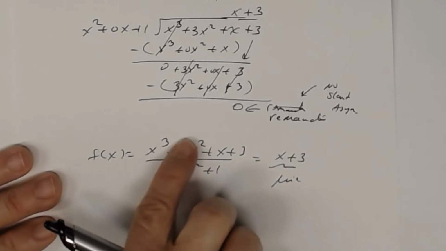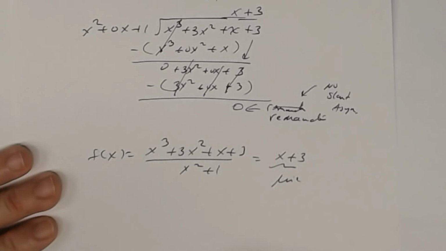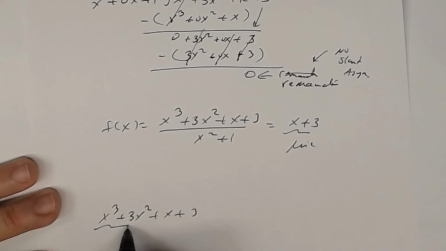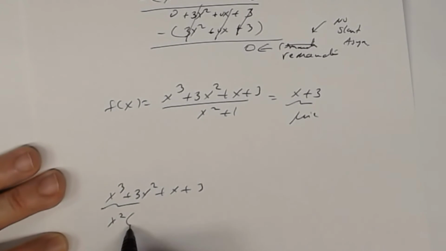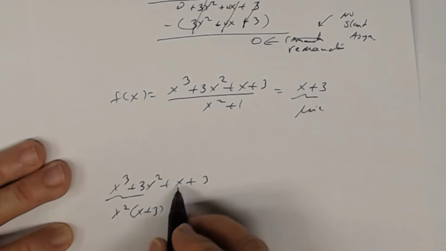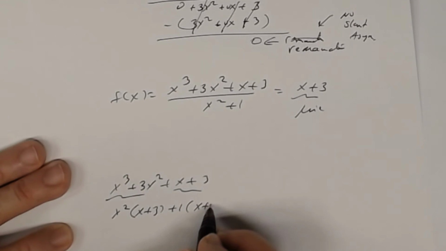So let me show you how to remember. You have 4 terms, so let's factor by grouping. I can group these and factor this. So let me just remind you, you get x cubed plus 3x squared plus x plus 3. In the first group, I can factor out an x squared, and you get x plus 3. X squared times x is x cubed. X squared times 3 is 3x squared. From the second group, the GCF is 1. So it's plus 1 times x plus 3.